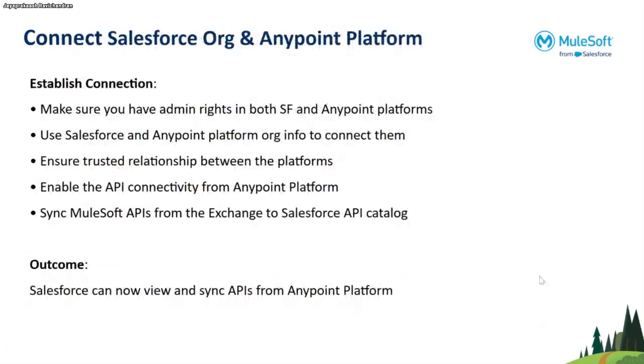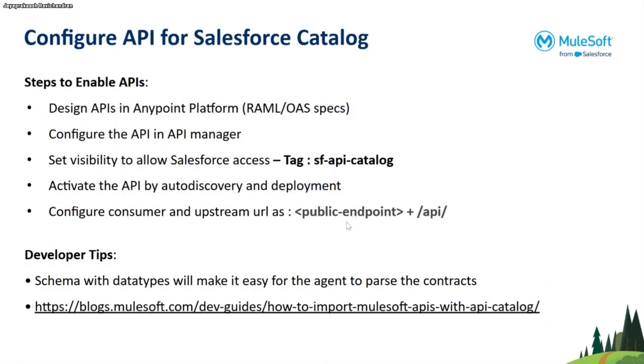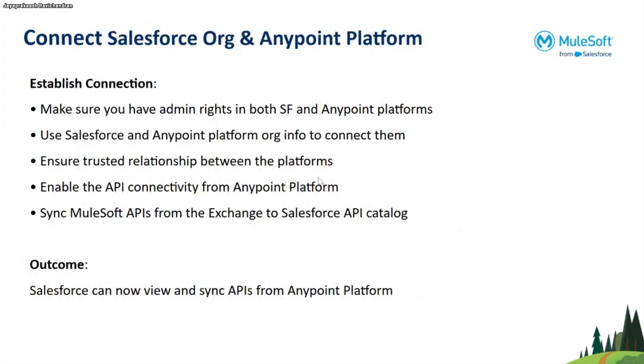Okay, so that is regarding the API setup in the Anypoint Platform. Now the next step is connecting our Salesforce and Anypoint Platform. We need to have admin rights in both environments, the Salesforce org and the Anypoint Platform, and establish a trusted relationship between the platforms. This can be done very easily with the out-of-the-box provision available in both MuleSoft and Salesforce.